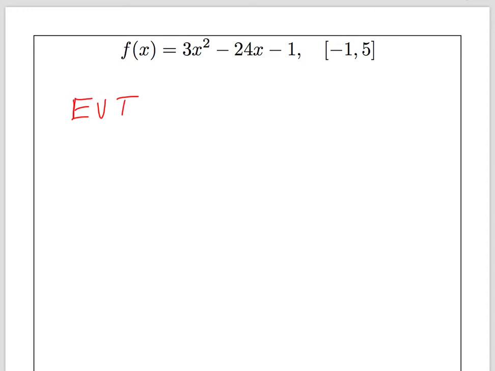It's called the EVT. What do you think EVT stands for? The extreme value theorem.